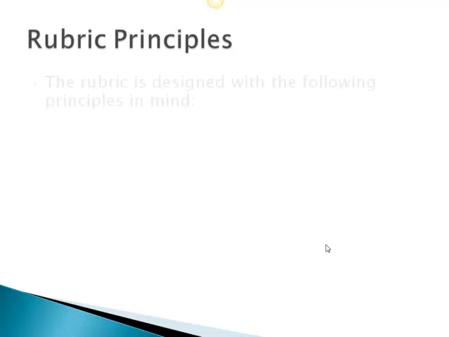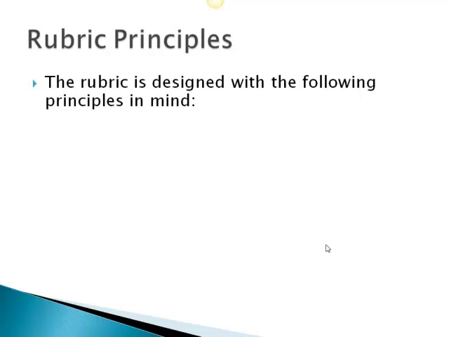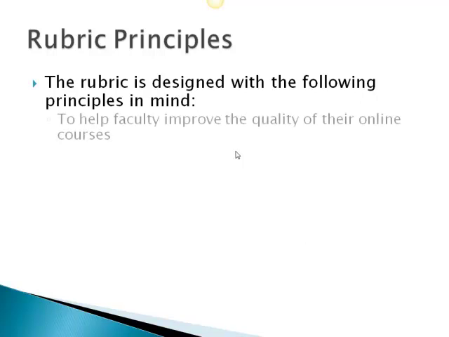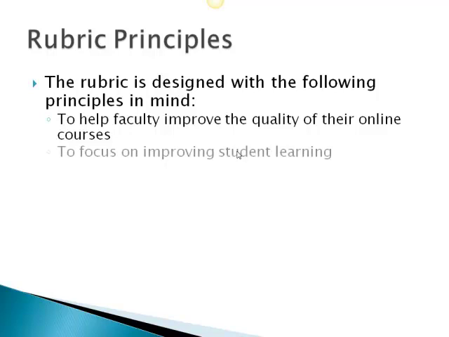There are several rubric principles that were utilized during the period of time that the rubric was being developed. The idea was to help faculty improve the quality of their online courses. That was first and foremost. That's why the rubric was created. Second of all, it was to focus on improving student learning.